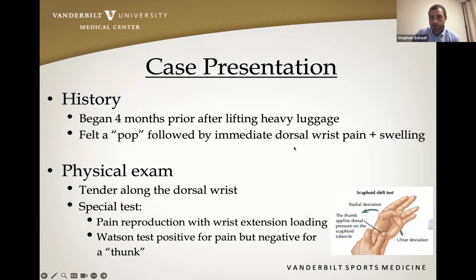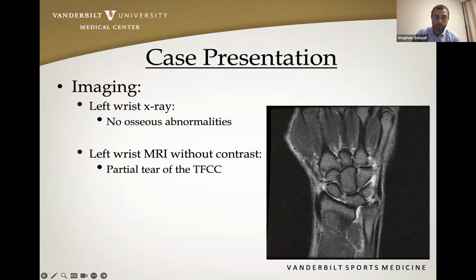As I had mentioned, this patient had been seen up to this point by plastic hand surgery, so she actually had pretty extensive imaging, which was a left wrist X-ray that demonstrated no acute or chronic osseous abnormalities. She had additionally undergone a left wrist MRI without contrast, which demonstrated a partial TFCC tear.